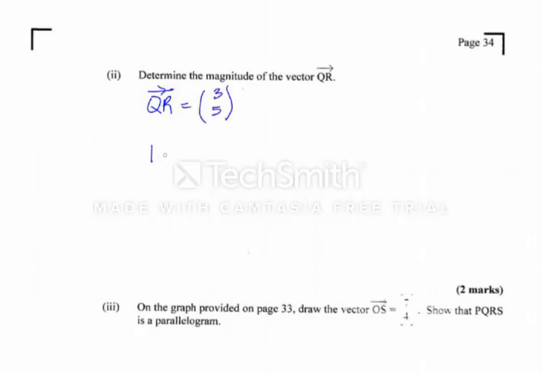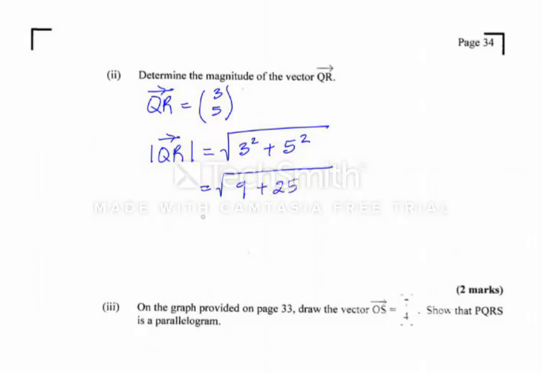The magnitude of vector QR would be the square root of 3 squared plus 5 squared. So that would be the square root of 9 plus 25. So this is the square root of 34.